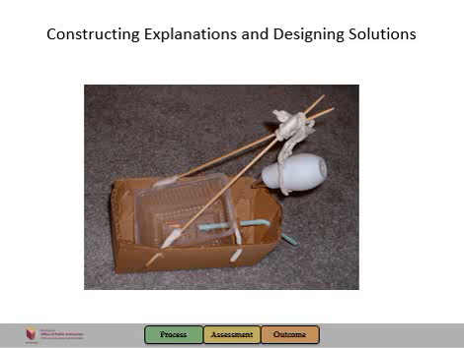The end products of science are explanations, and the end products of engineering are solutions. The goal of science is the construction of theories that provide explanatory accounts of the world. A theory becomes accepted when it has multiple lines of empirical evidence and greater explanatory power of phenomenon than previous theories.